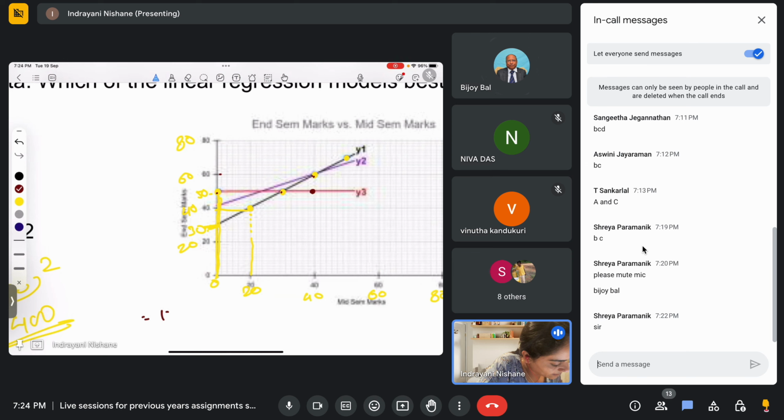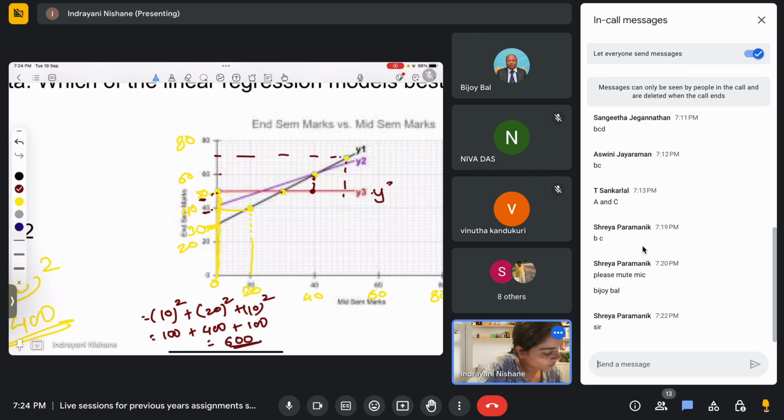Then the difference here seems to be 70 and 50, so 20 square. Here it is 40 and 50, so 10. So 100 plus 20 square, which is 400, plus 100. This seems to be 600 for y3.